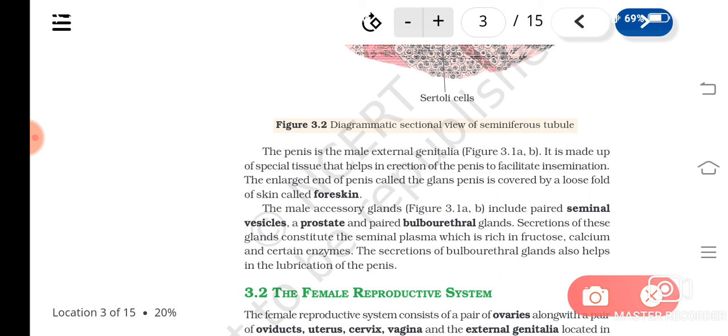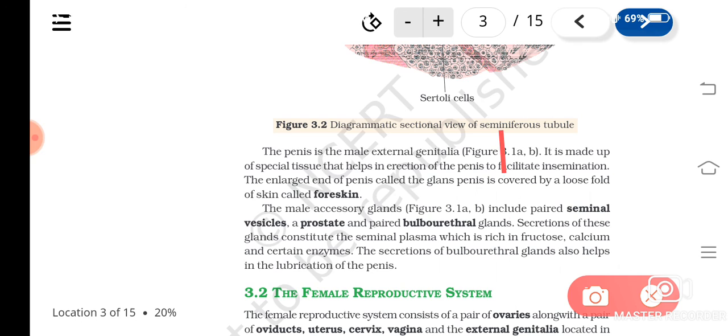Semen contains the secretions of these glands and also sperms. The secretions of these glands constitute the seminal plasma, and it is rich in fructose, calcium and certain enzymes. The bulbourethral glands' secretion also helps in the lubrication of the penis.